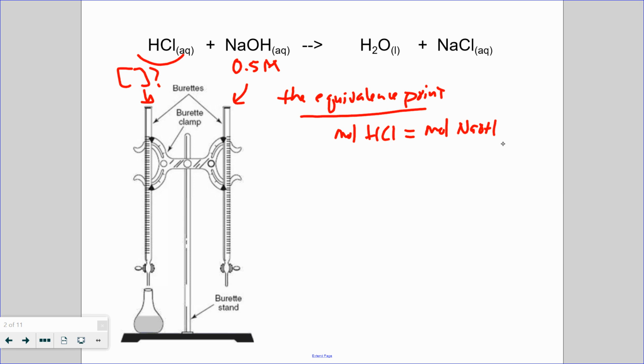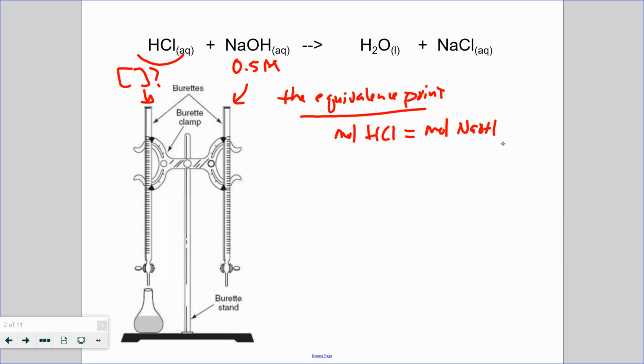The equivalence point in general is the point where the moles of the aqueous solution whose concentration you know is exactly equal to the moles of the solution whose concentration you're trying to figure out. In this lab, it's when moles of HCl and moles of NaOH are equal to each other.